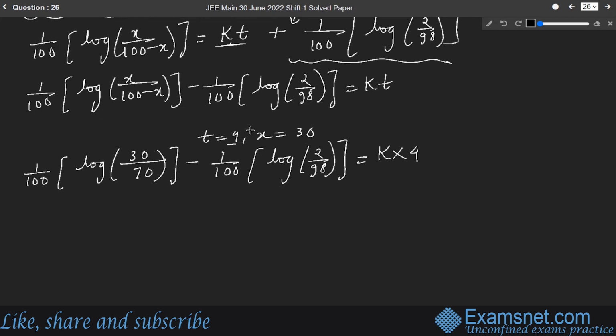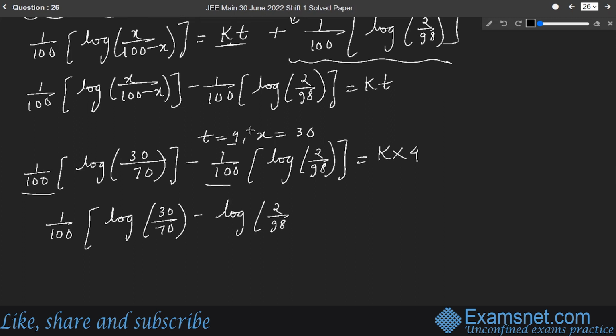Now you can see that 1 by 100 is common here, so let us take it common. What are the remaining terms? Log of 30 by 70, right? And minus log of 2 by 98, right? So these are the remaining terms. I hope you are clear with this. It is equal to 4k.